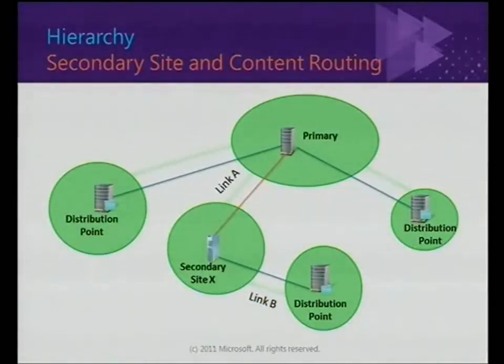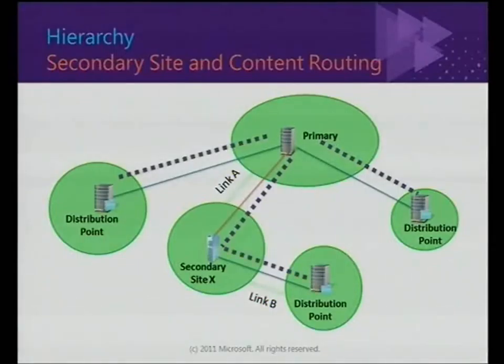So if we distribute content from the primary site to those systems, what happens? It goes straight over the link to the DP, straight over the link to the secondary site, from the secondary site to the DP. Good, fine, kind of like it is today. I mean, you get throttling to the DPs, but besides that, you get exactly that with 2007.